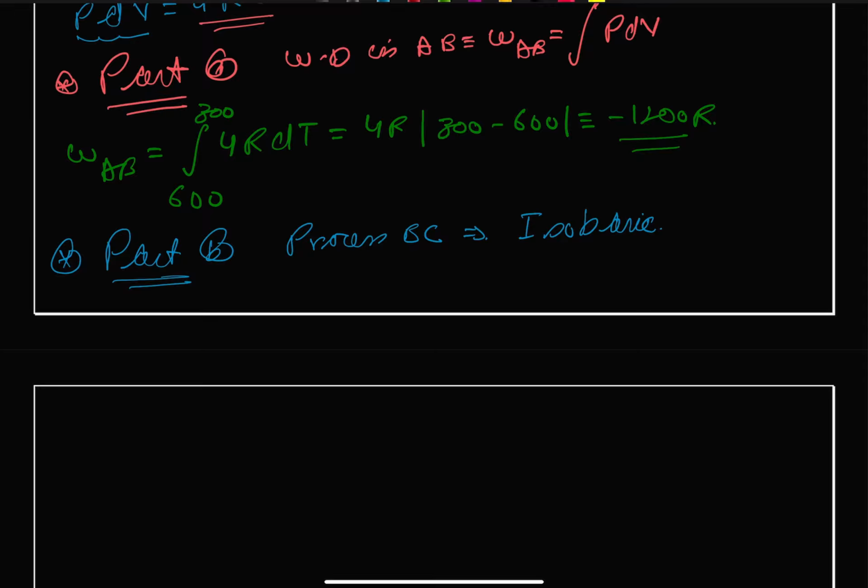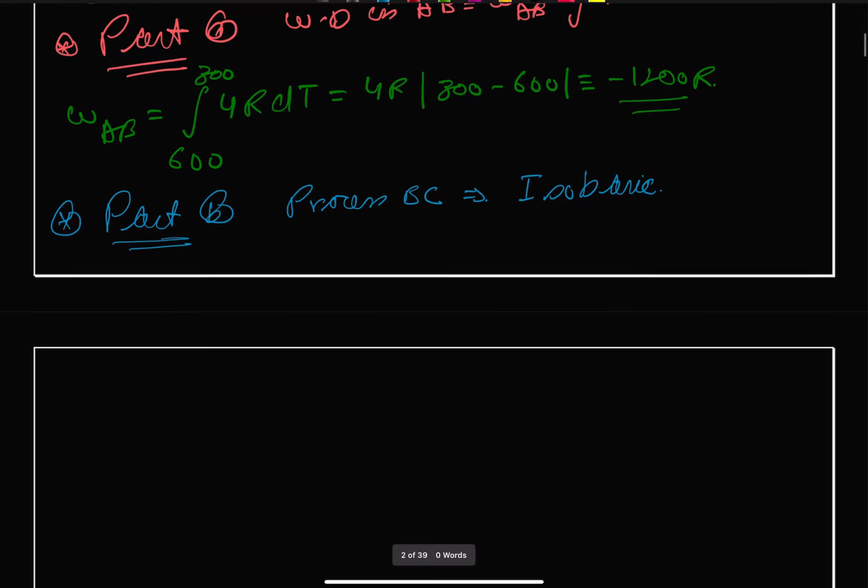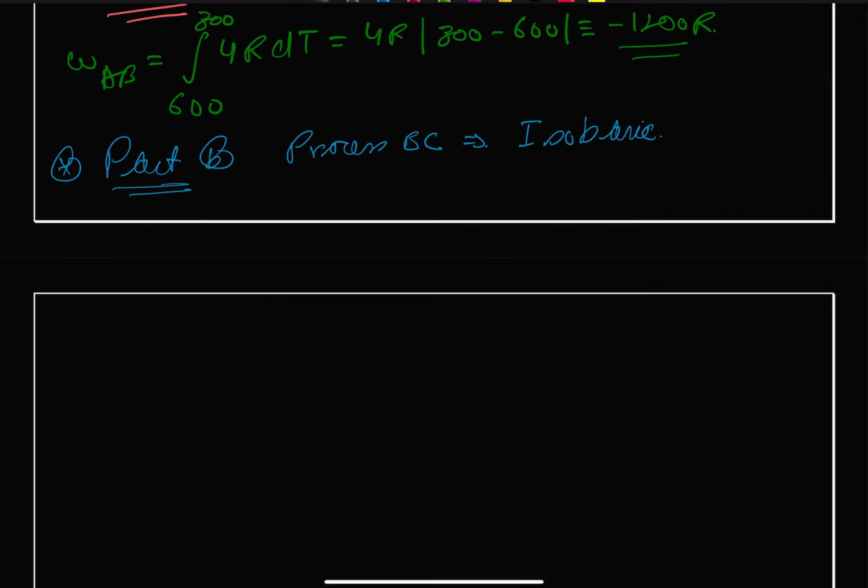For isobaric, we can write that QBC will be equal to N times CP multiplied by delta T. The number of moles is 2, CP we know is 5R upon 2, and the temperature difference is 600 minus 300.